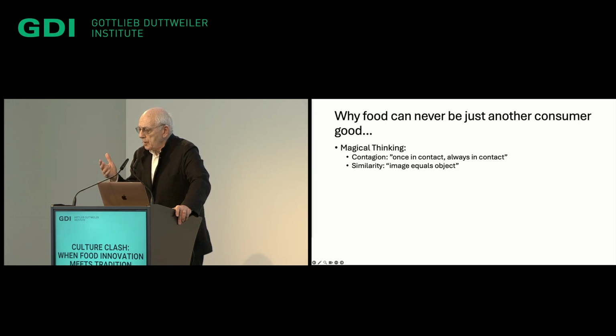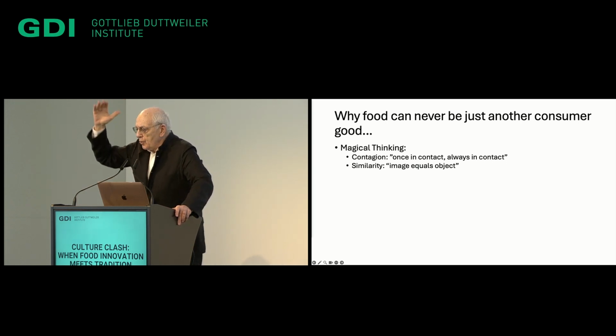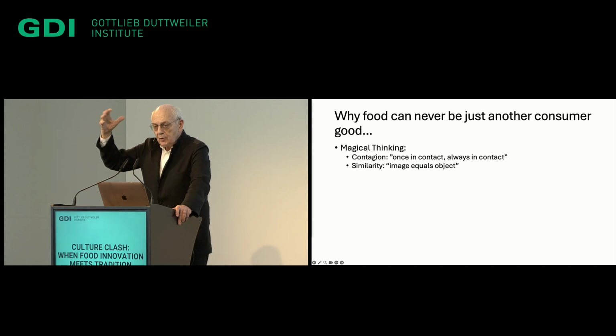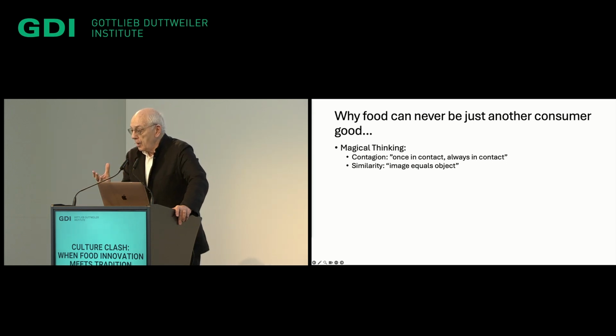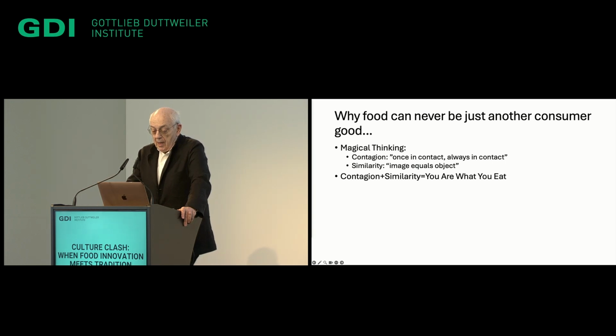Something very symbolic here: elevation, closeness to the sky, purity from the glaciers, etc. You drink what you are. You are what you drink. Exactly what I'm driving at. Contagion plus similarity: you are what you eat, and once in contact, always in contact.